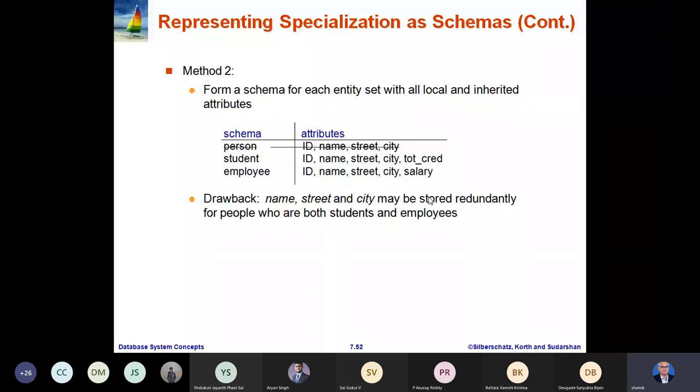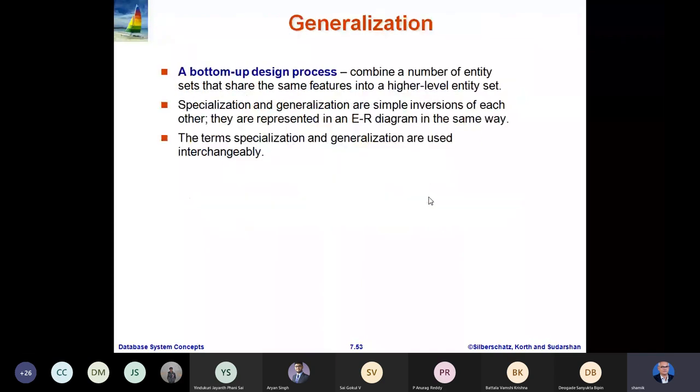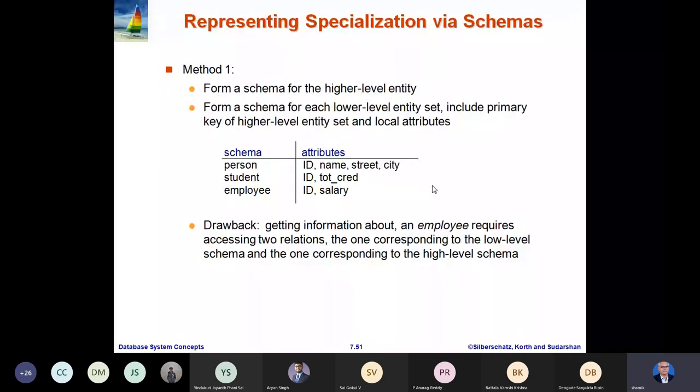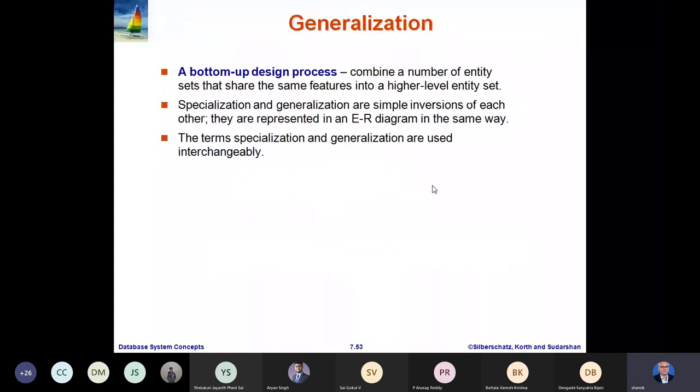And of course, the opposite of specialization is generalization. So it's a bottom-up process, whereas the other is a process that we follow where we look at the system at the top level and then break it up into the lower levels.